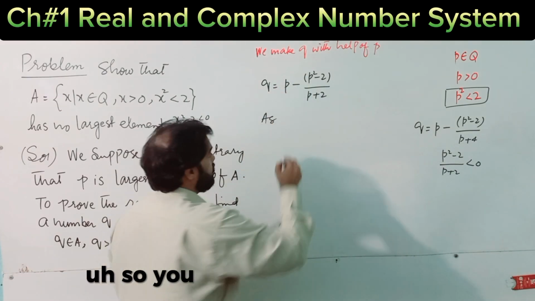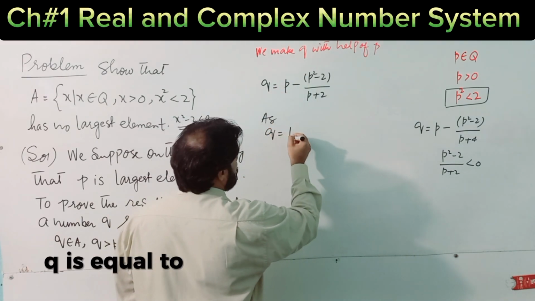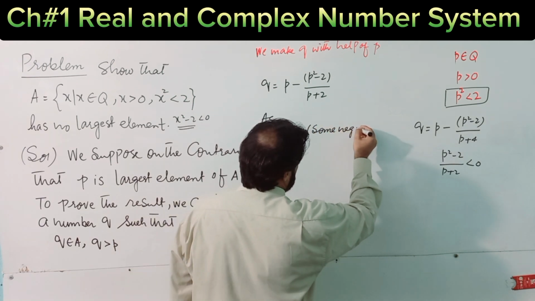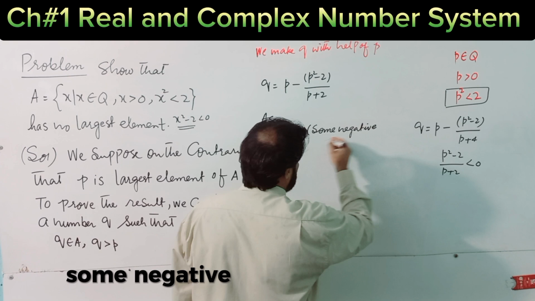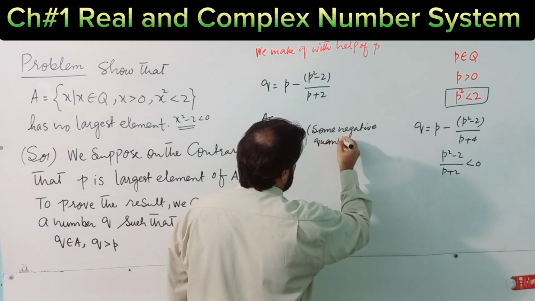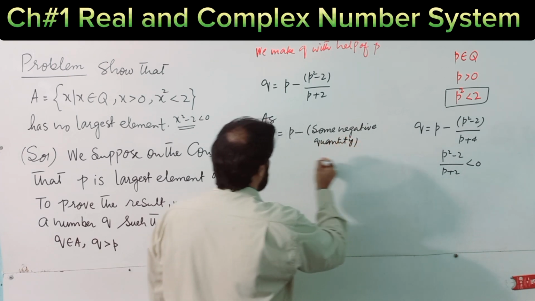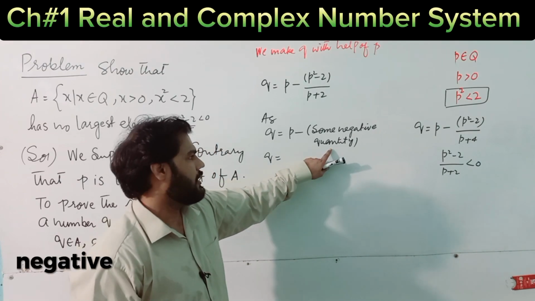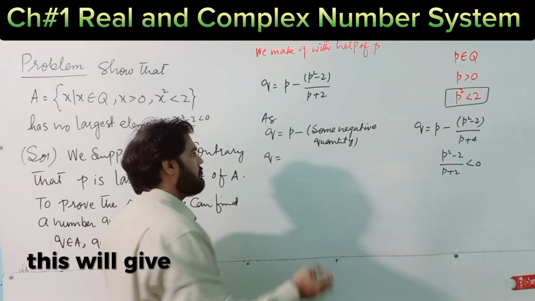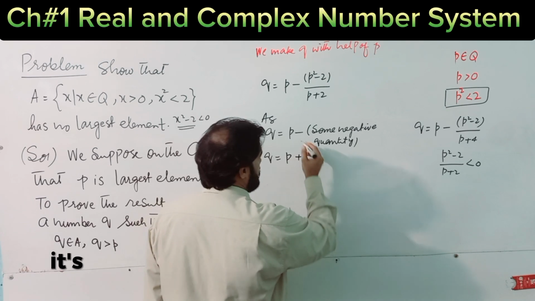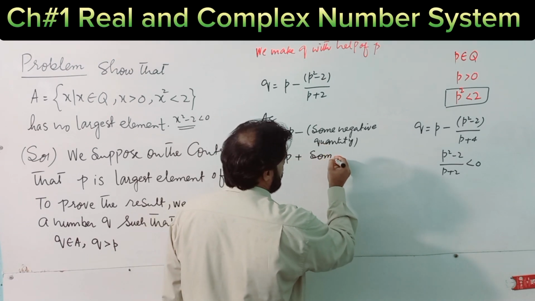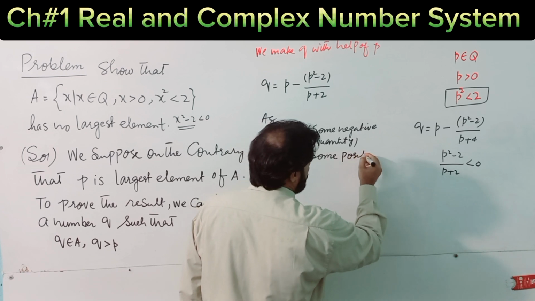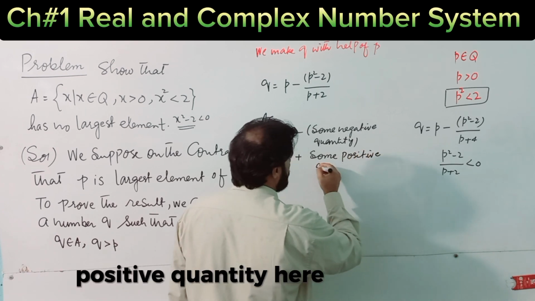So we can write Q equal to P minus some negative quantity. When we multiply this negative quantity with the negative sign, this will give us some positive quantity. So Q becomes P plus some positive quantity here.